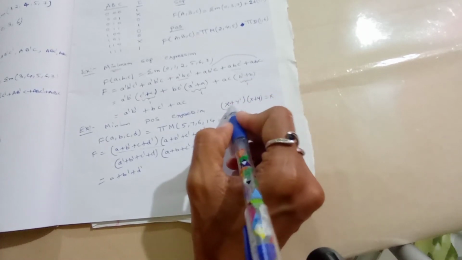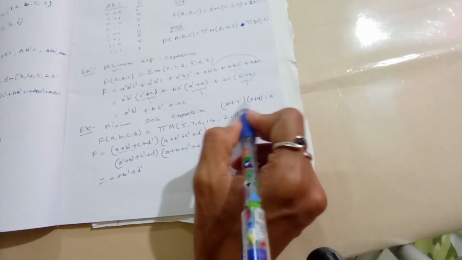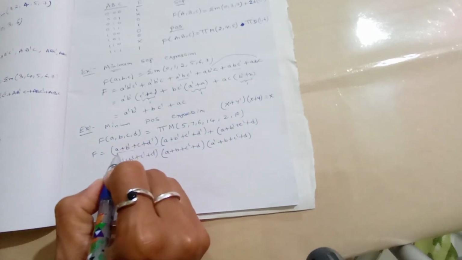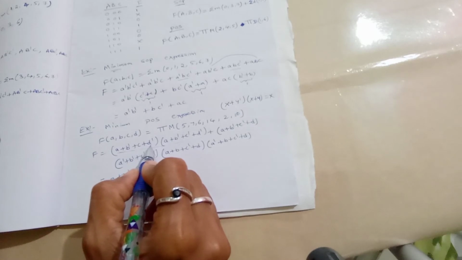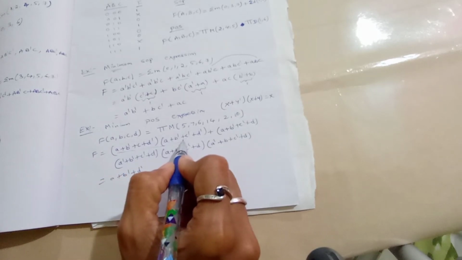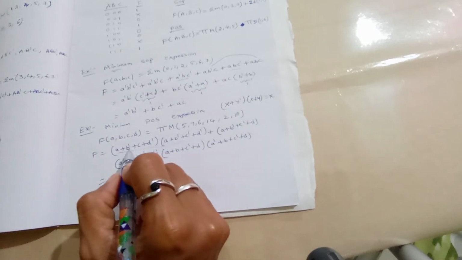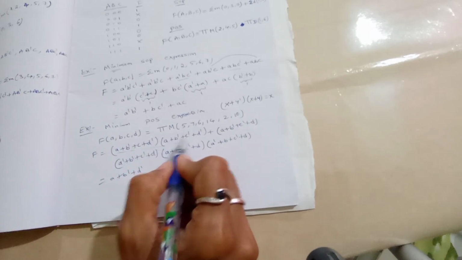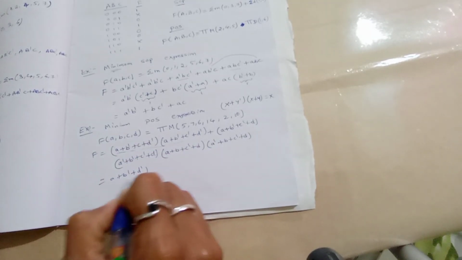That means x is the same, it is not changing, but y bar is changing to y. Same in this: if you take A plus B bar plus D bar, and A plus C bar plus D bar, here C is changing to C bar, so this becomes A plus B bar plus D bar.